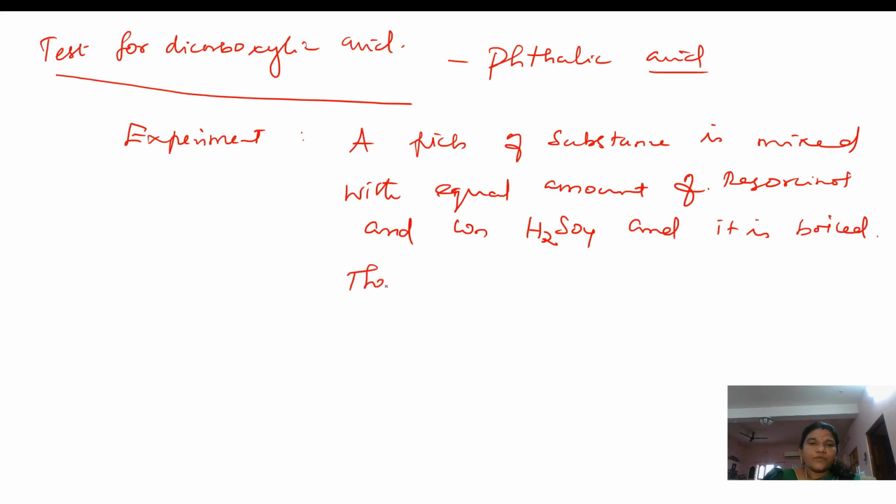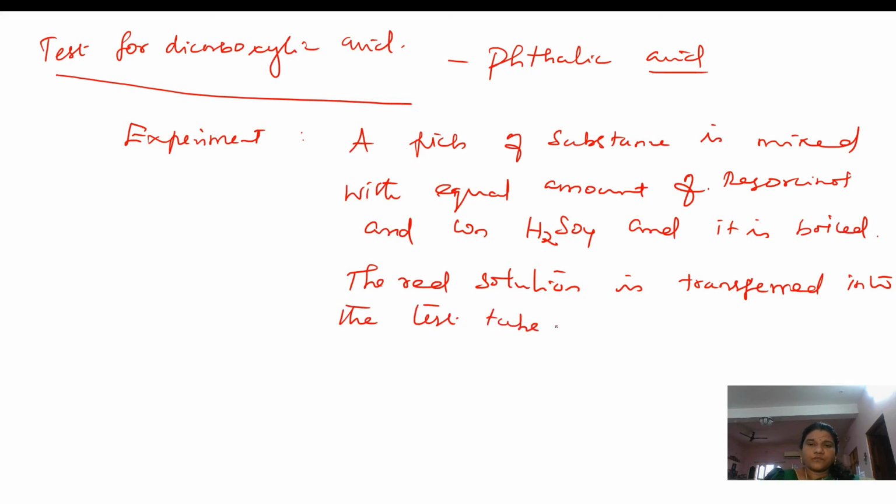The red solution is transferred into a test tube with very dilute NaOH solution, that is, sodium hydroxide solution.